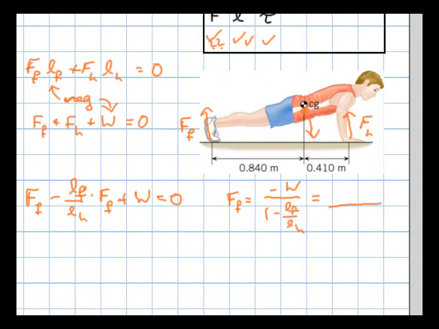And then for the force of the hands, I guess the easiest equation to use here would be the second one, where it says force of the hands equals minus the weight, again this one being negative, minus the force of the feet. So here this one is a positive number, and from that I subtract that positive number, and it so happens that the force on the hands also comes out positive, in newtons, of course.